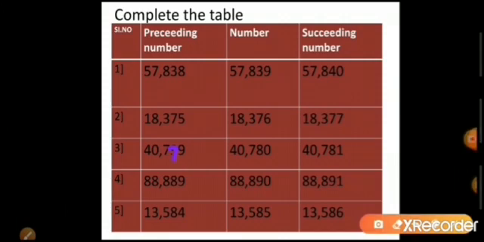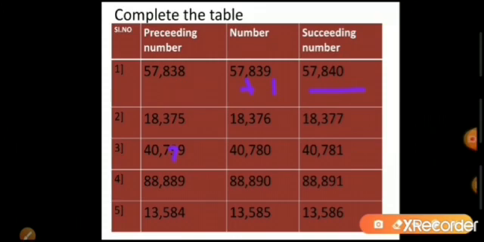The first number is 57,839. From that number we subtract 1, then we get the preceding number. The preceding number of 57,839 is 57,838. For the succeeding, to this number we add 1, then we get 57,840.